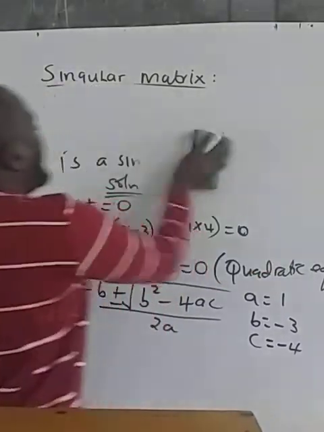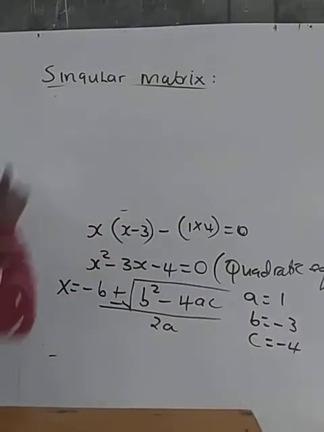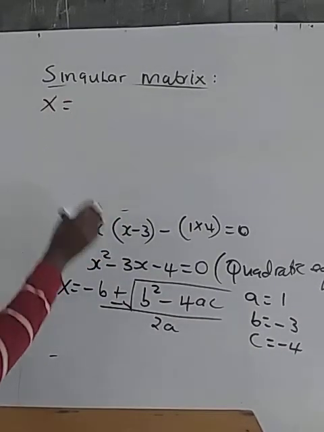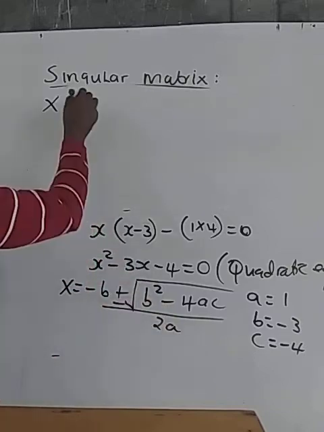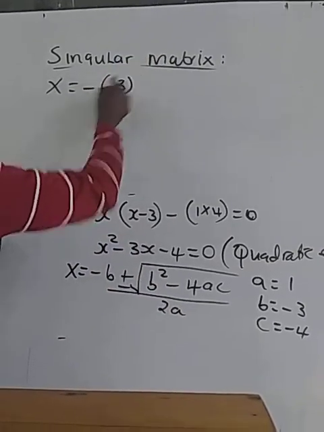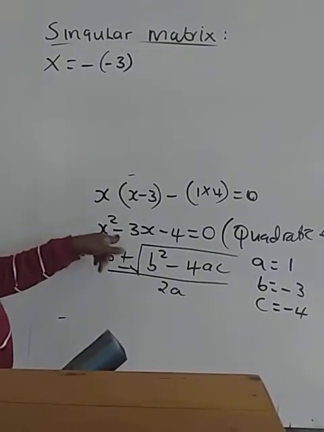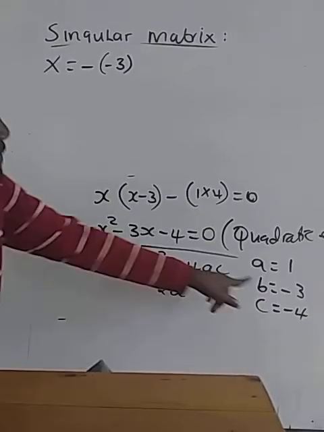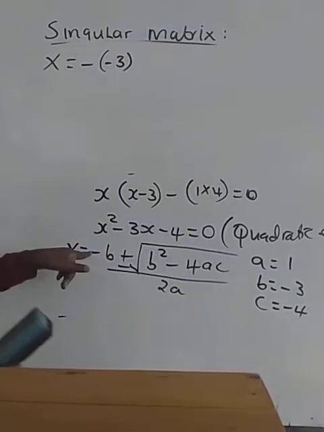We continue. We substitute the values. So x equals minus b. Minus b is minus 3. Remember, this is minus, but b is minus 3, so this is minus b.